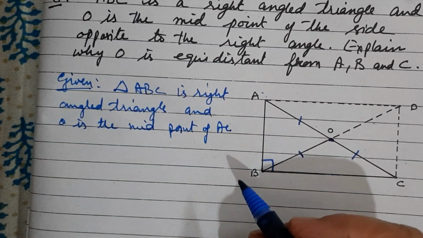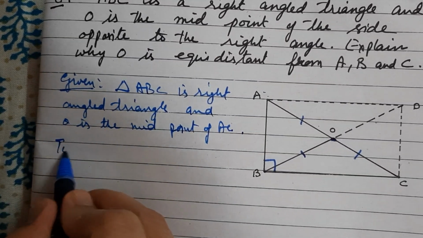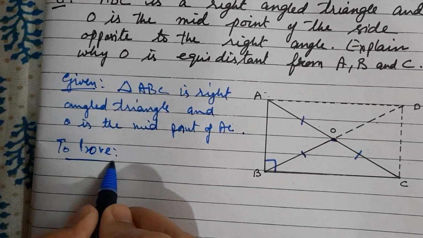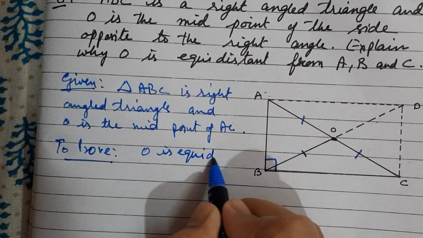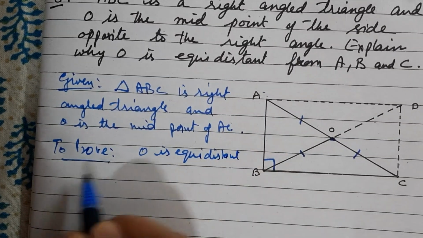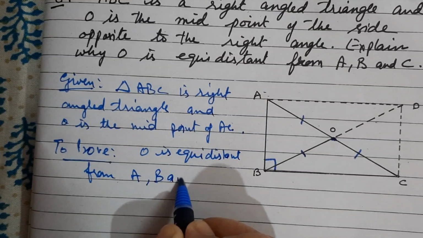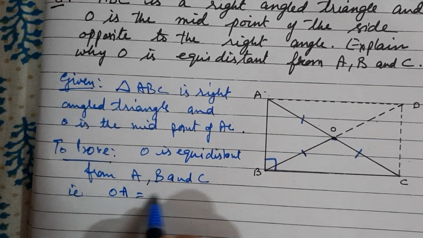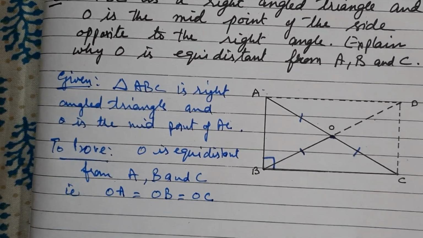This is given in the question. What we have to prove, that means to prove O is equidistant from A, B and C. That is OA is equal to OB is equal to OC.